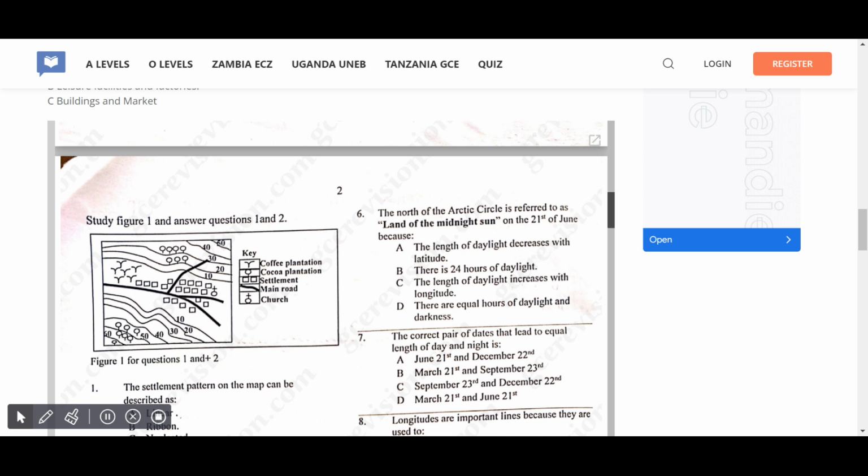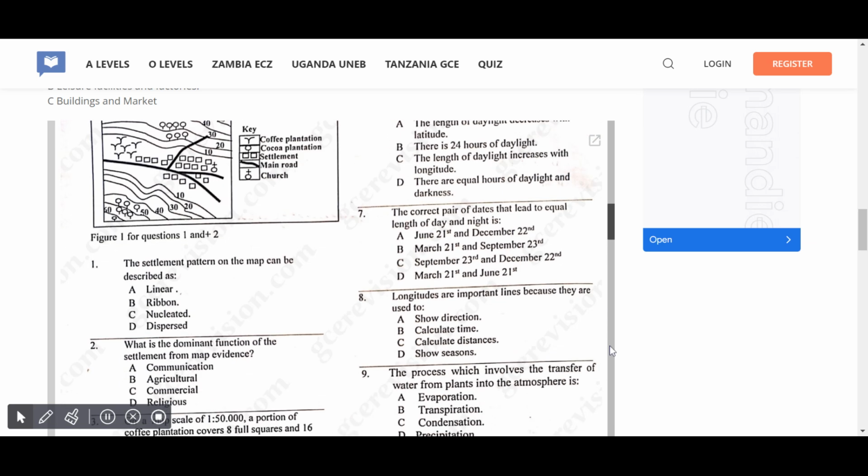Question one is: study figure 1 and answer questions 1 and 2. Here is figure 1, which is the map and its functions.